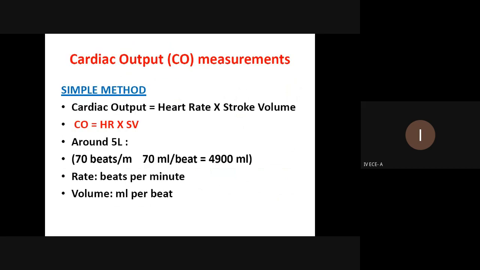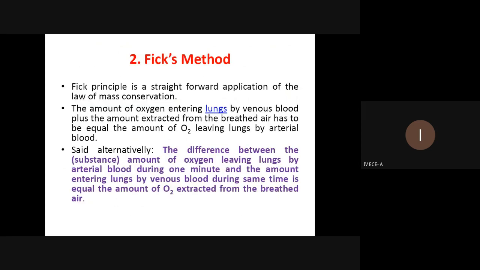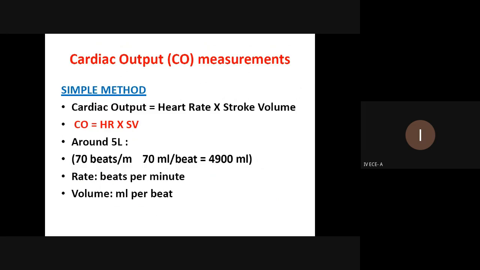In the simple method, we just calculate the cardiac output as heart rate times stroke volume. Around 5 liters, with 70 beats per minute and 70 milliliters per beat. Rate is in beats per minute, volume is in milliliters per beat. So this is the simple method.